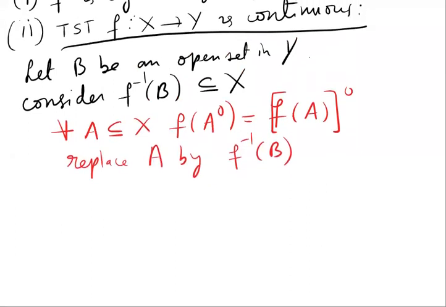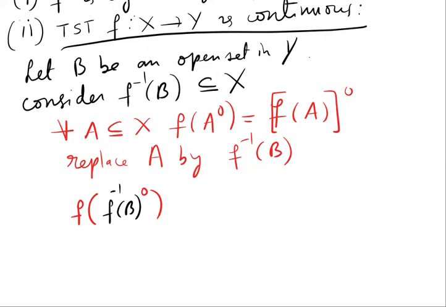So let me write. F, put one bracket, and in the place of A, let me write in black, that is F inverse B. This is our A, and the interior is as it is. Whatever is in black is replaced.